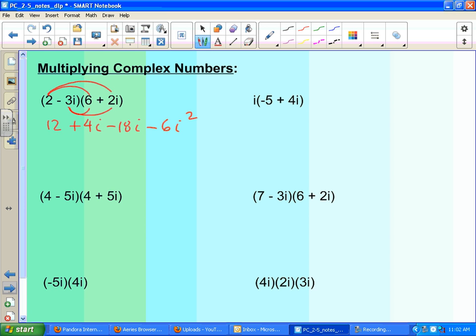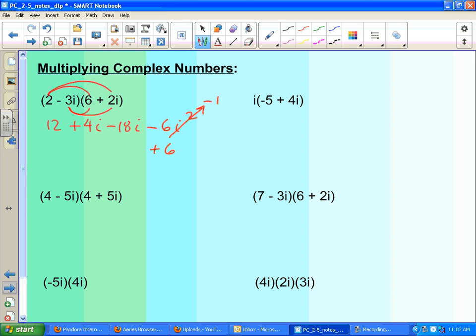So this is where you pull out your sword and pierce the i squared, and you make it become a negative 1. So i squared becomes negative 1. Every time you get an i squared, pierce it with the sword, make it a negative 1. Now you have a negative 1 times a negative 6, or positive 6.